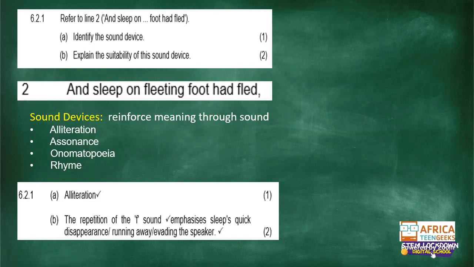So when they say explain, this is what they want you to do. Here they've said that the repetition of the F sound, as you can see, fleeting, foot, fled. All of these words start with the letter F. Right. So let's move on.